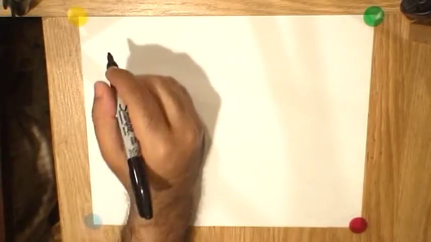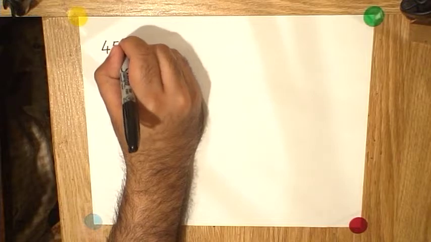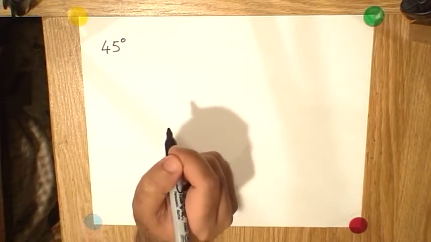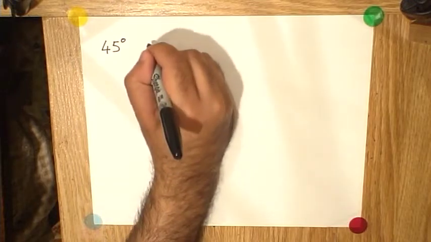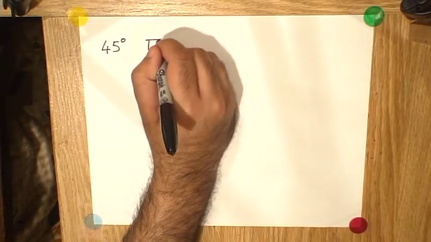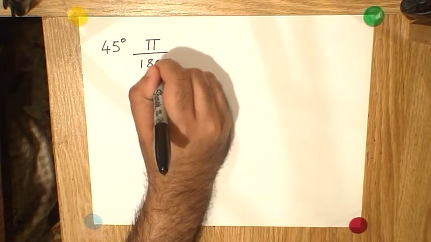In this question, we have been asked to convert an angle of 45 degrees into radians. Here's how we do it. We take the angle, 45 degrees, and we multiply it by the conversion factor, which is pi over 180.